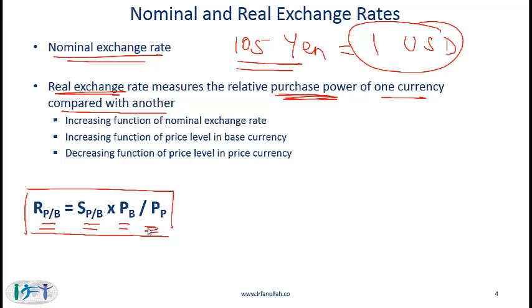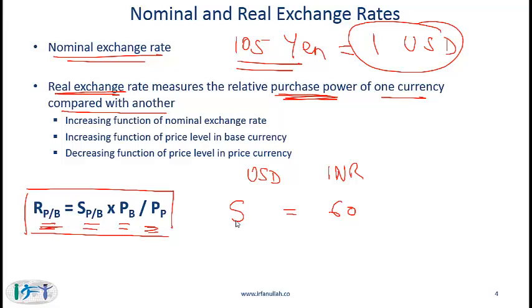Let us say that we want to come up with the real exchange rate between the US dollar and the Indian rupee. Say the spot rate, denoted by S, this is also the nominal exchange rate, is equal to 60.